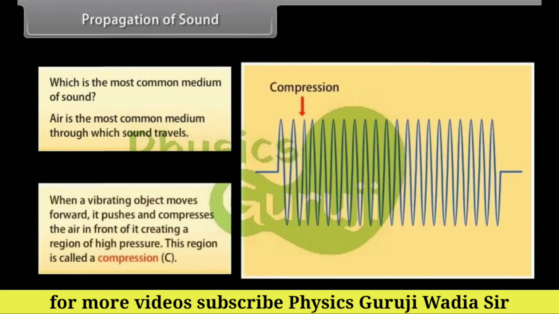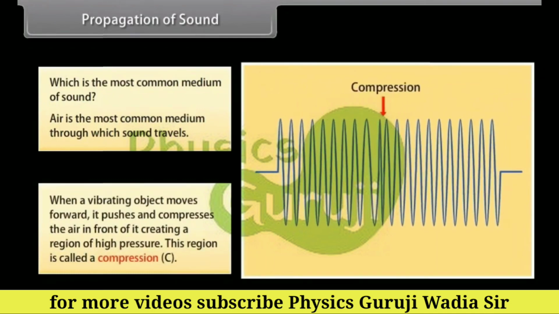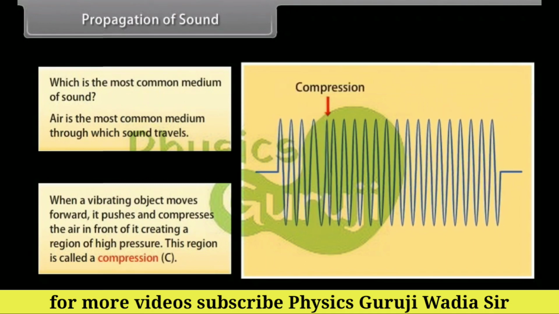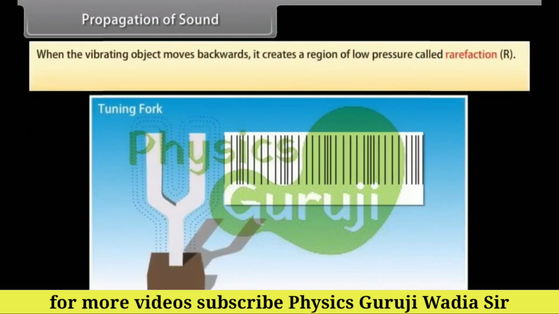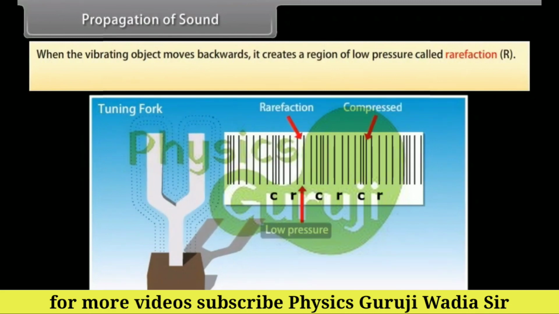When a vibrating object moves forward, it pushes and compresses the air in front of it, creating a region of high pressure. This region is called a compression. And when the vibrating object moves backwards, it creates a region of low pressure called rarefaction.